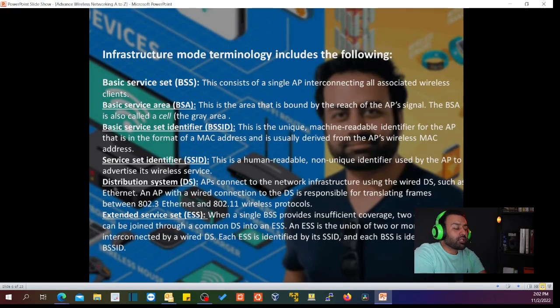All right. So we have BSSID, Basic Service Set Identifier. This is a unique identifier number. With the help of BSSID, we can specify, for example, that this access point comes with a specific MAC address.